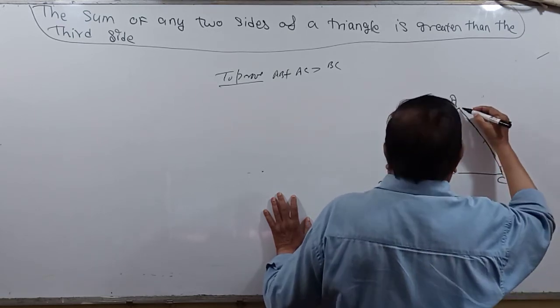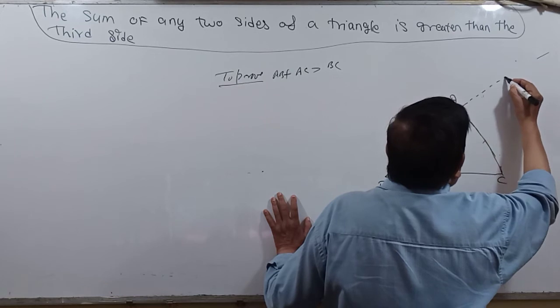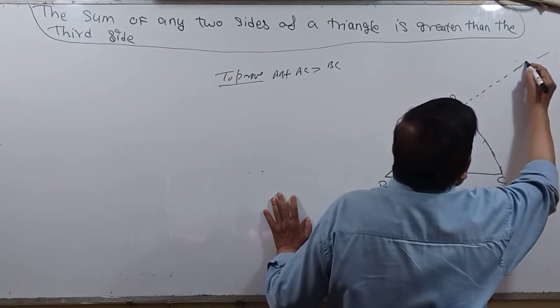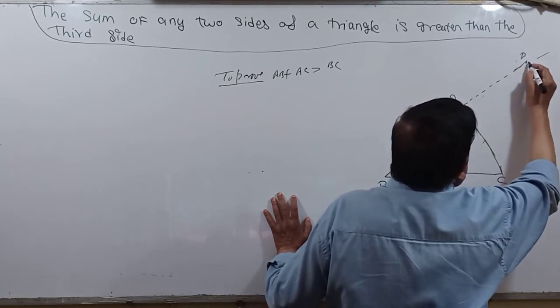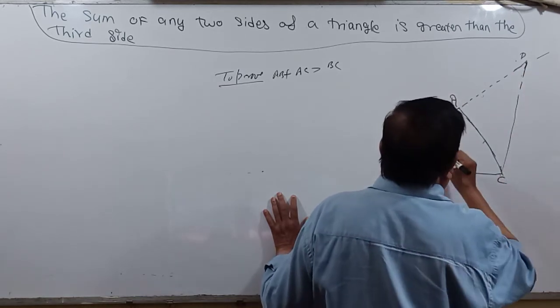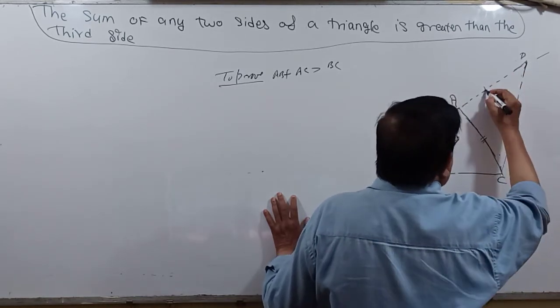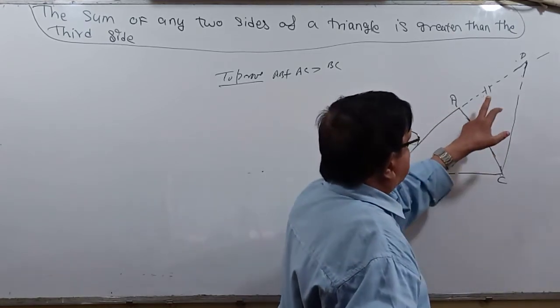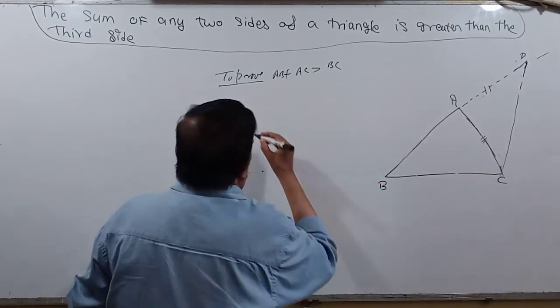So extend BA to D such that this is equal to this. AC is equal to it. That's the construction.